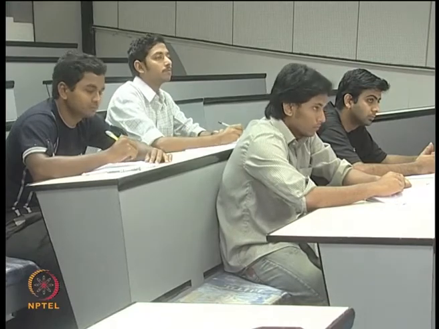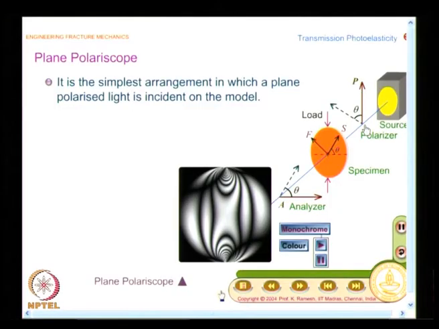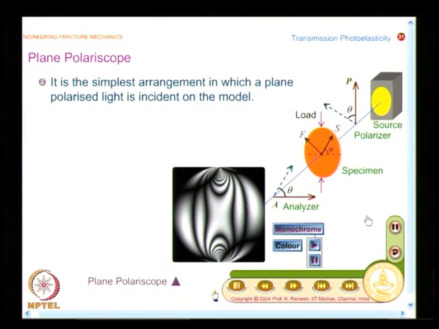So, what do you find here? I have a polarizer, I have an analyzer, and I am sending a monochromatic light source, and I have a model which is birefringent and loaded. And what you find here is that the background is still dark, and within the region of the model you find fringe contours, and you need to make a neat sketch of it.